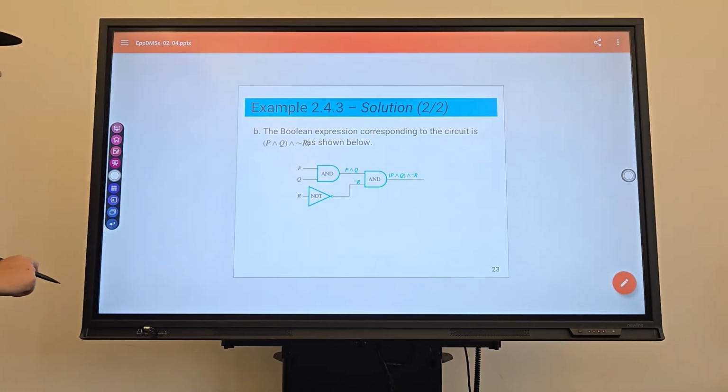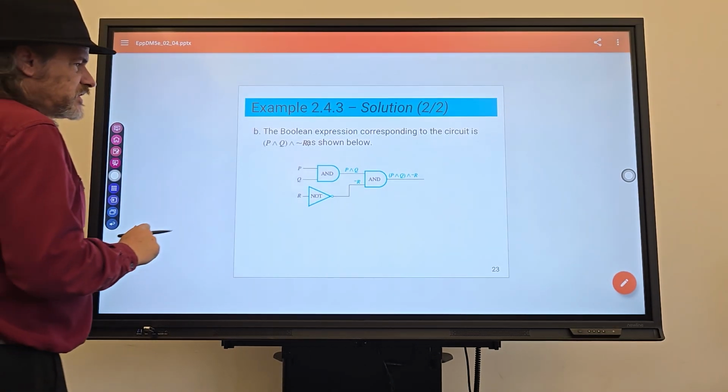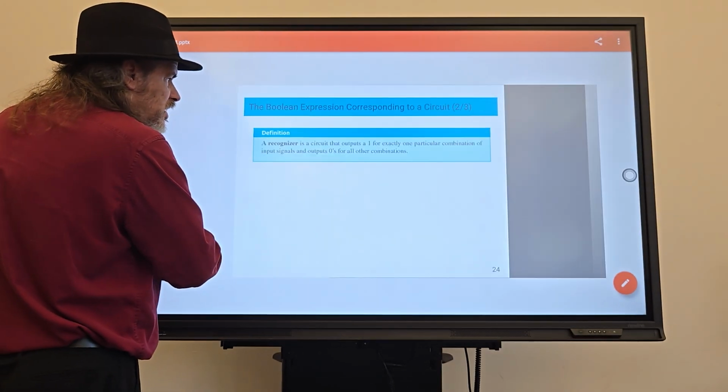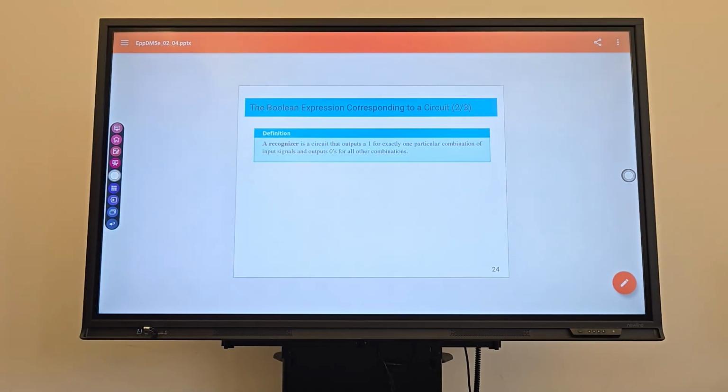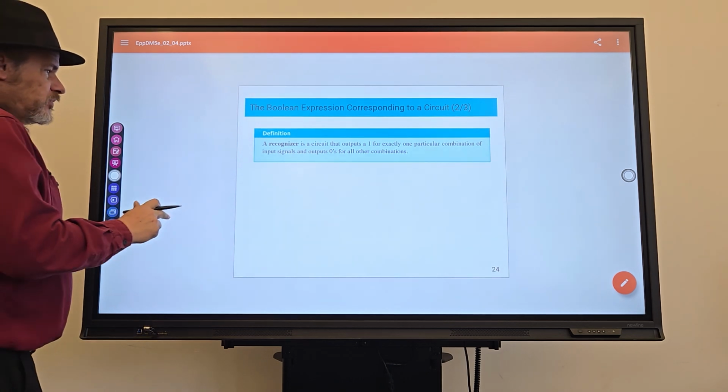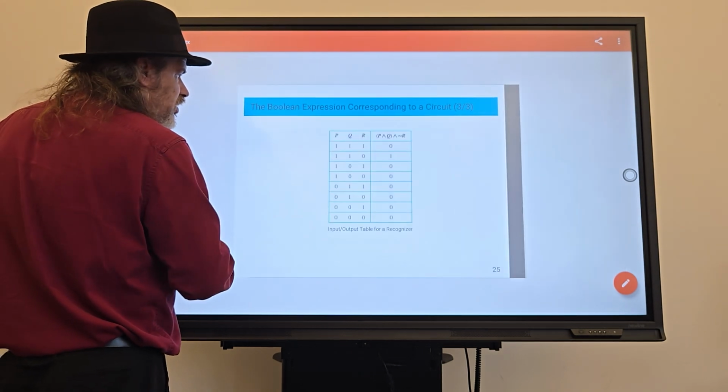And likewise, the second circuit expression. A recognizer is a circuit that outputs 1 for exactly one particular combination of input signals and outputs 0 for all the other combinations. So if you're looking for a particular combination, you create a recognizer, and it will output high for the combination that you're looking for, and 0 for all other combinations.